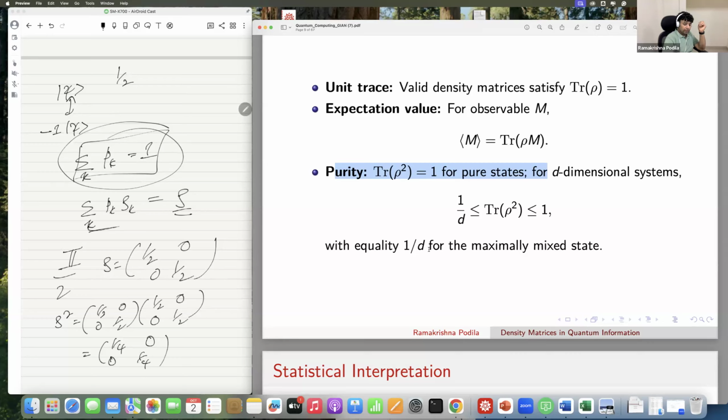So if I look at trace of rho square, that would be 2 by 4, which is half. The dimensionality is 2 by 2 for the matrix, and trace of rho square is 1 over dimensionality. So this shows a maximally mixed state. But if the trace of rho square is 1, then what you have is a pure state. Are you able to follow?